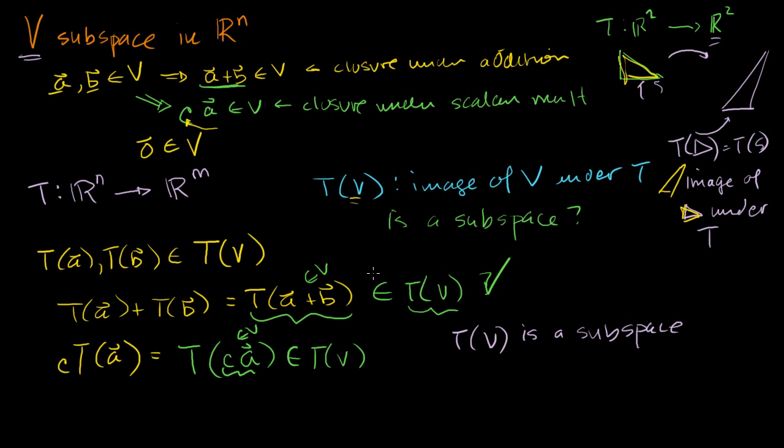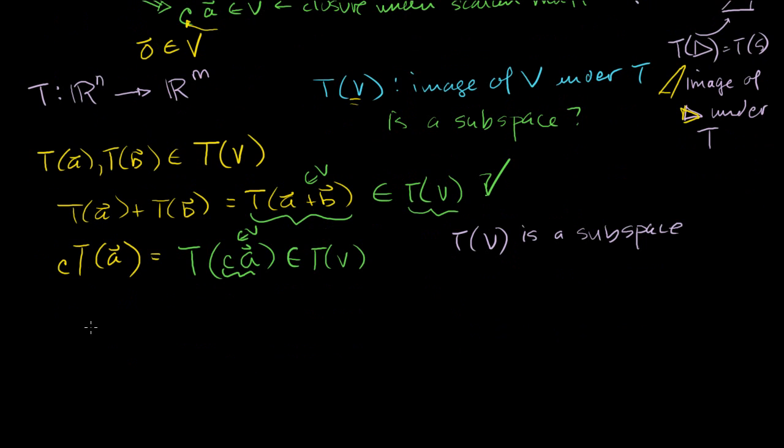But this might naturally lead to the question: everything we've been dealing with so far has been subsets, in the case of this triangle, or subspaces, in the case of V. But what if I were to take the image of Rn under T? Let's think about what this means.